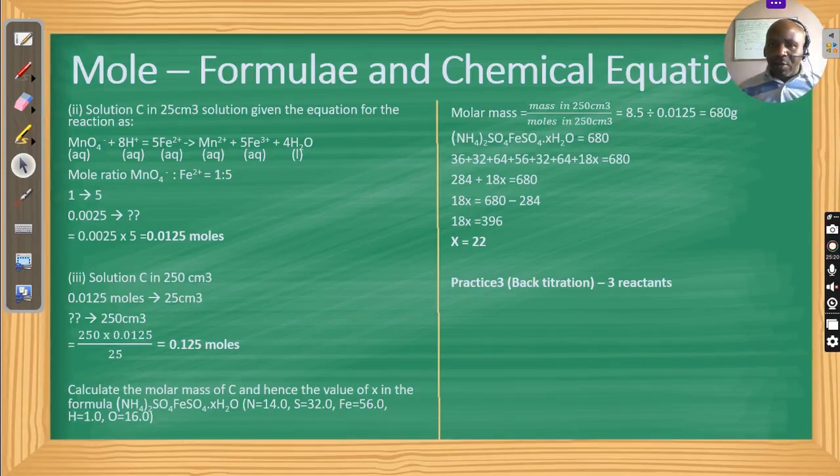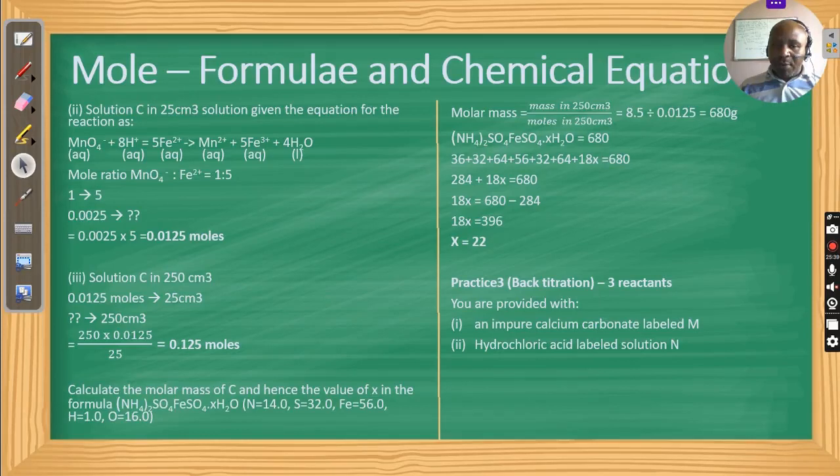Let us look at the final practice, which is back titration, where we have 3 reactants. In back titration, we always have 3 reactants. You are provided with an impure calcium carbonate labeled M. That is calcium carbonate that is mixed with other impurities. It is not pure.